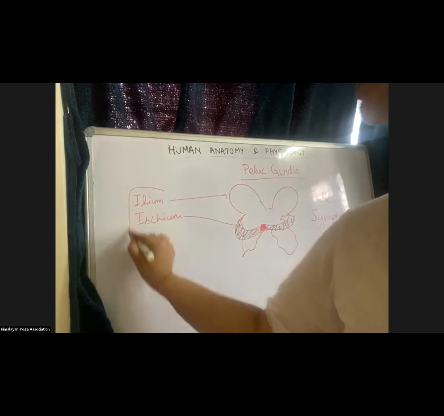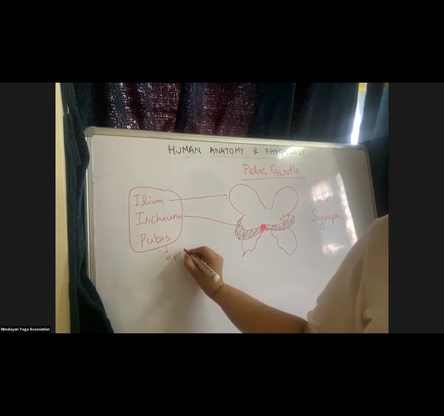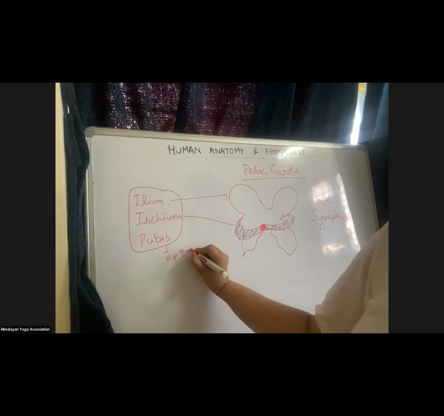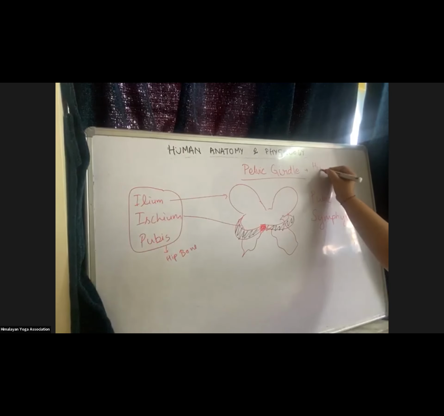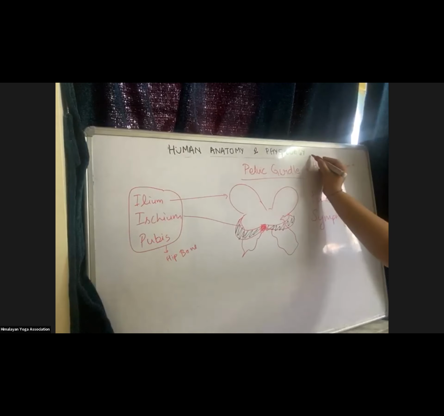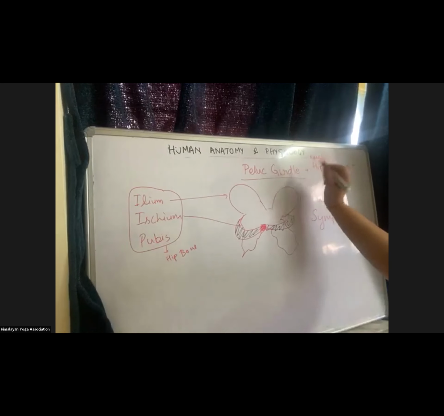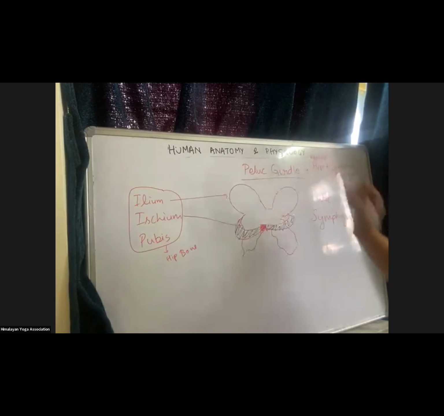There are three bones, but they are fused together to form the hip bone. And what is pelvic girdle? Pelvic girdle is the right and left hip bone plus sacrum plus coccyx. This is the pelvic girdle.